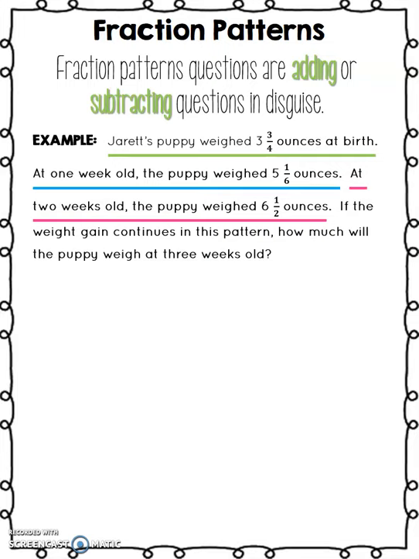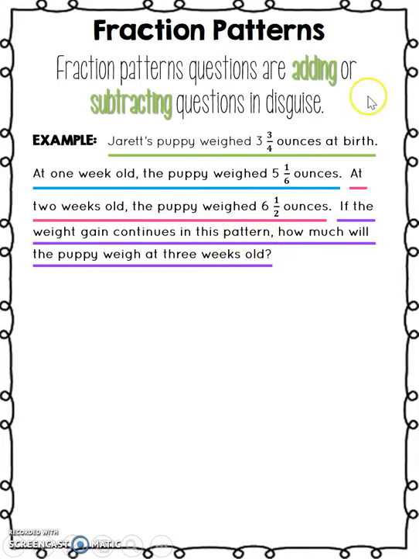So I can see that the weight is increasing. Then the question sentence reads, if this weight gain continues in this pattern, how much will the puppy weigh at 3 weeks old? So a lot of times you're going to be given that word pattern right in there. And remember, like we said at the beginning, pattern questions are just adding or subtracting questions in disguise.